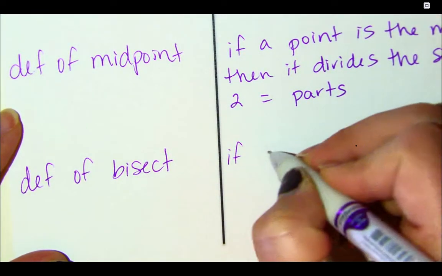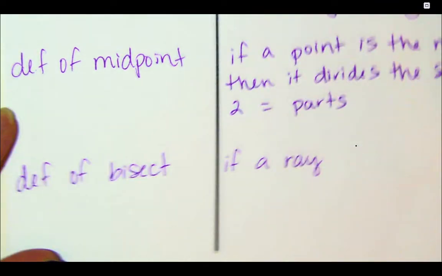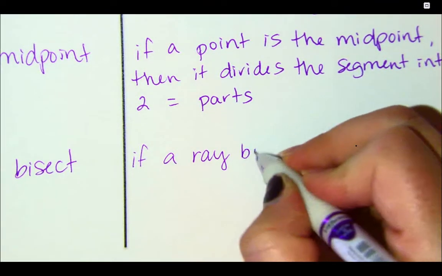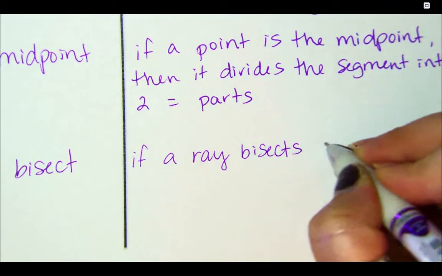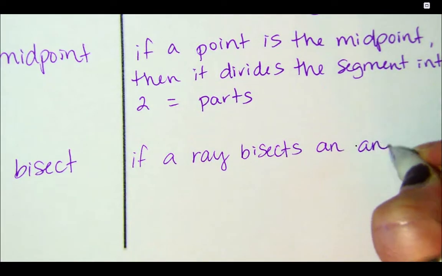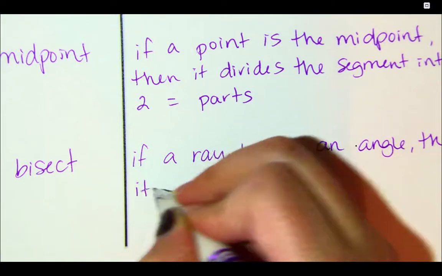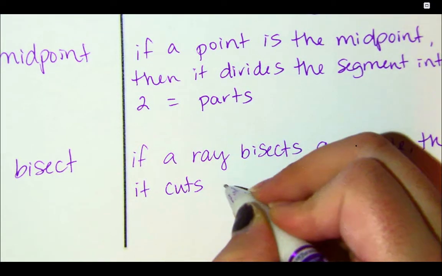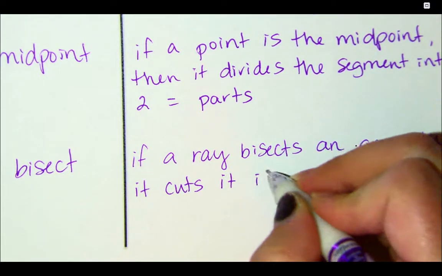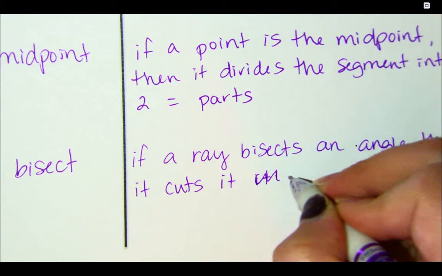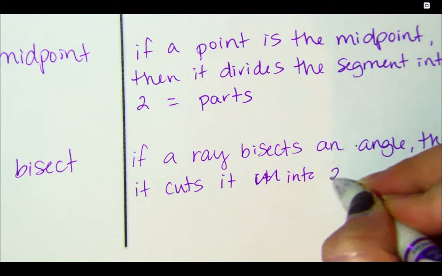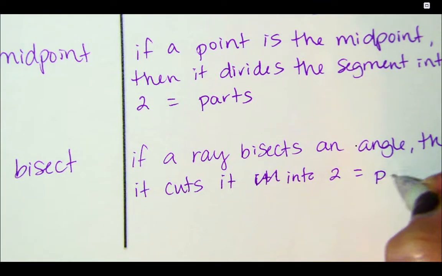So if a ray bisects an angle, then it cuts it into two equal parts.